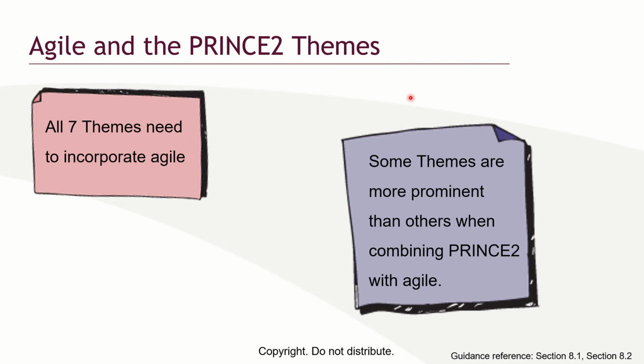The next thing we are talking about now is Agile and Prince2 teams. Prince2 has 7 processes. We mentioned some of them. Starting up a project is a process. Initiating a project is a process. Stage boundary is a process. Controlling a stage is a process.